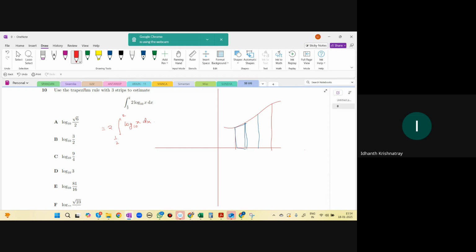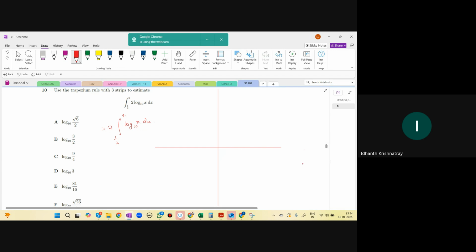the graph of log x to the base 10 is what? What kind of a graph is it? Log graph? Know the graphs, otherwise you cannot do questions like this.